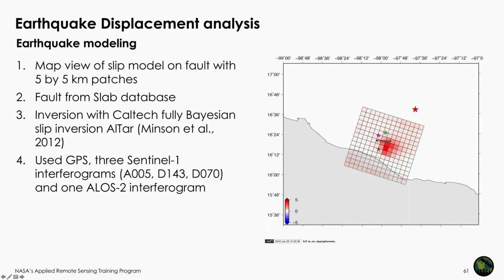The yellow star is that Mexican earthquake SSN location, and the big red star is the USGS location, and these are some other locations. So we can see that these revised earthquake locations are much closer to the actual earthquake slip than the original USGS location.